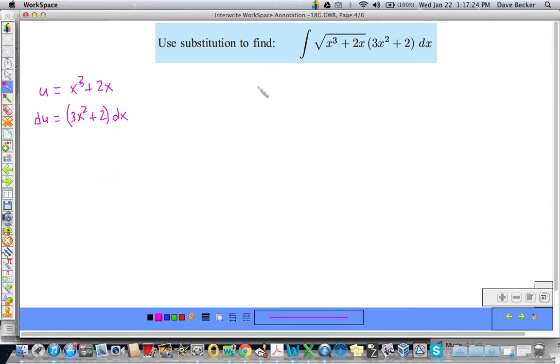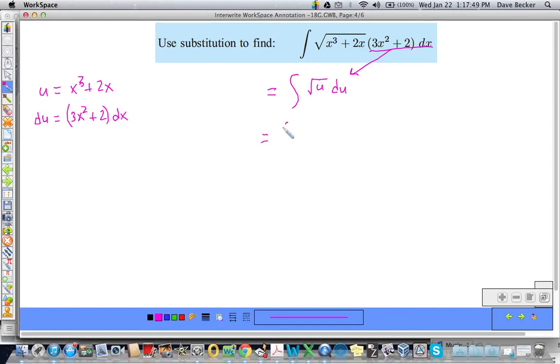Okay, so now I can say that this, by this substitution, is equal to the integral of the square root, we got that square root again, x cubed plus 2x is equal to u, so that's square root of u, and du is exactly equal to 3x squared plus 2 dx, which I can substitute in as du.